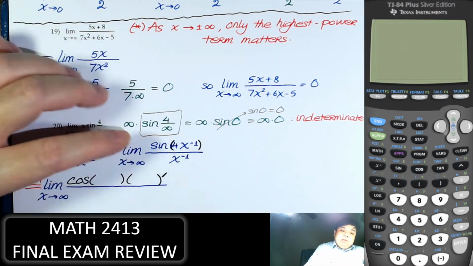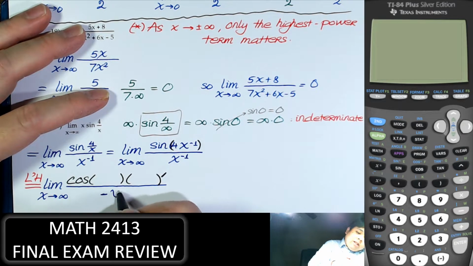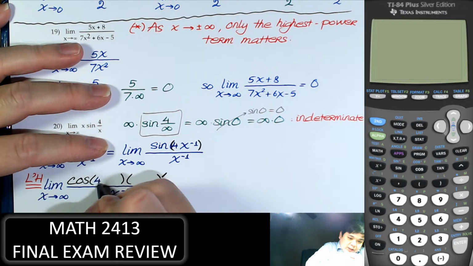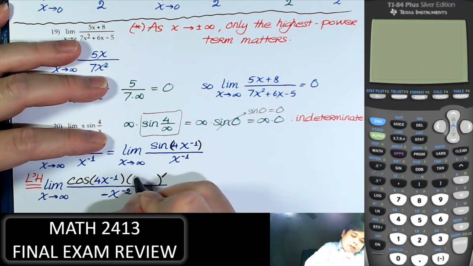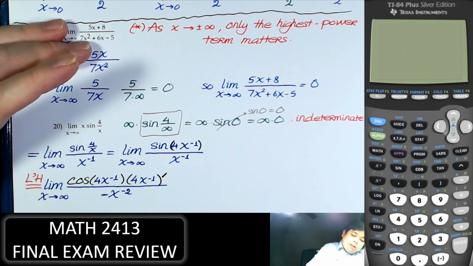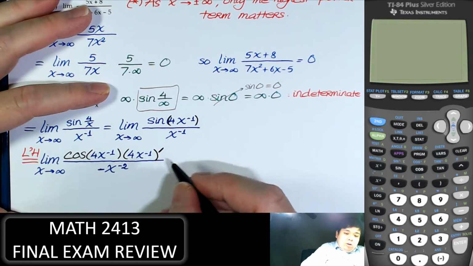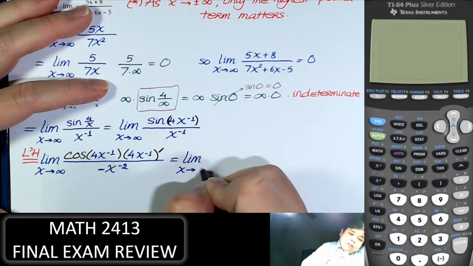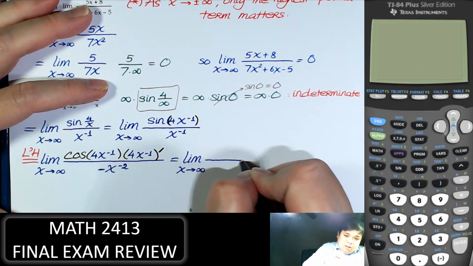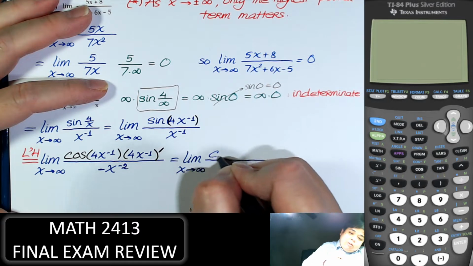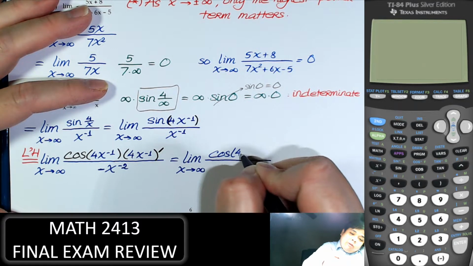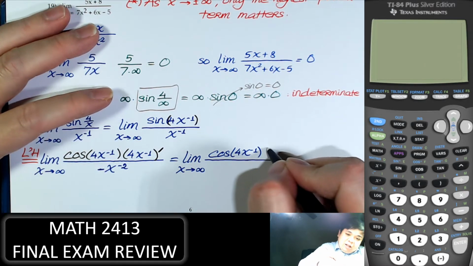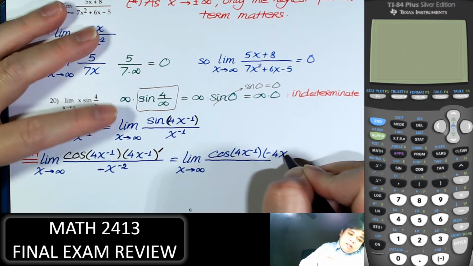And we take the derivative of the bottom, which is negative x to negative 2, right? So we have cosine of 4x to negative 1, and the derivative of this is negative 4x to negative 2.